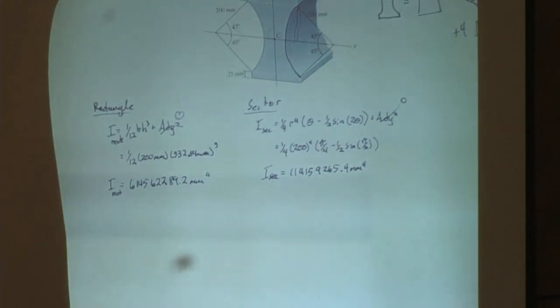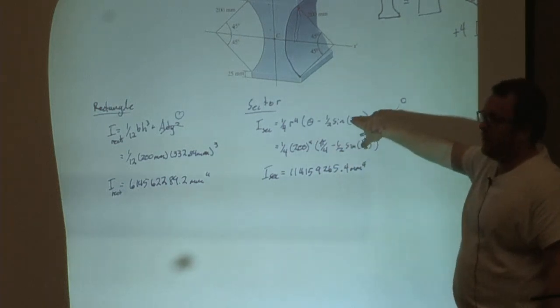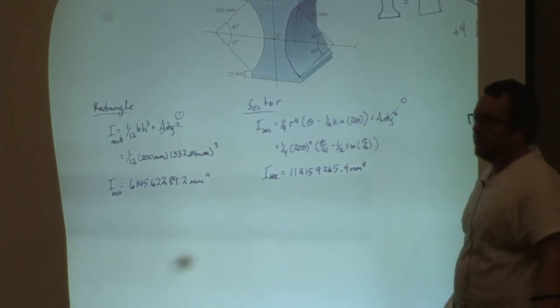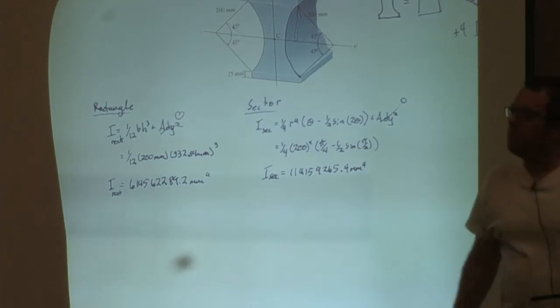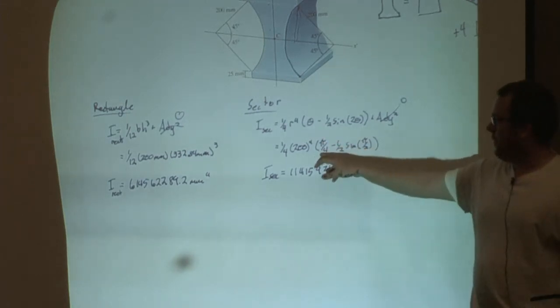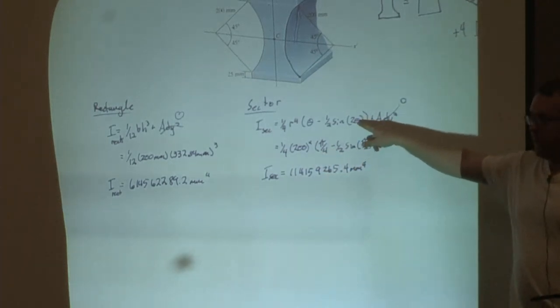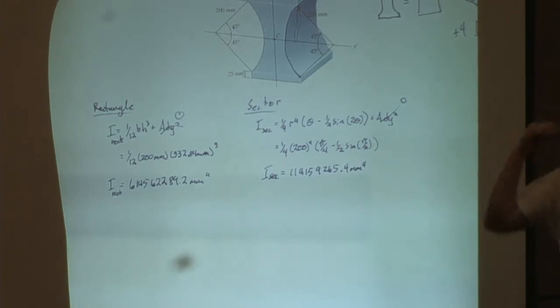If you put pi over 4 into there and multiply it by 2, it's pi over 2. That's just the formula. Theta pi over 4 is 45 degrees, and pi over 2 is 2 times theta. So we're doing that whole 90-degree sector, even though theta is only 45 degrees.